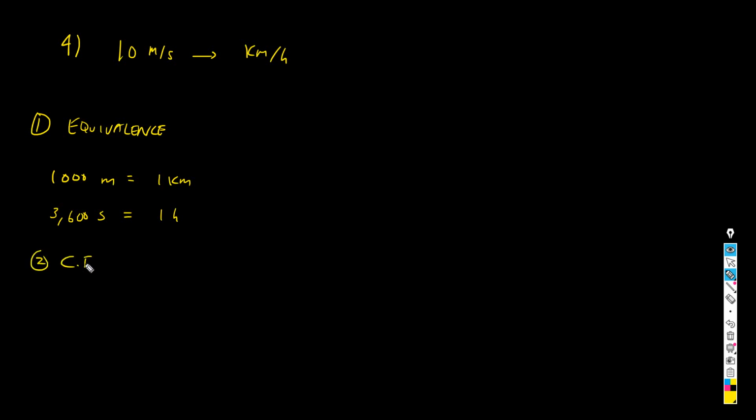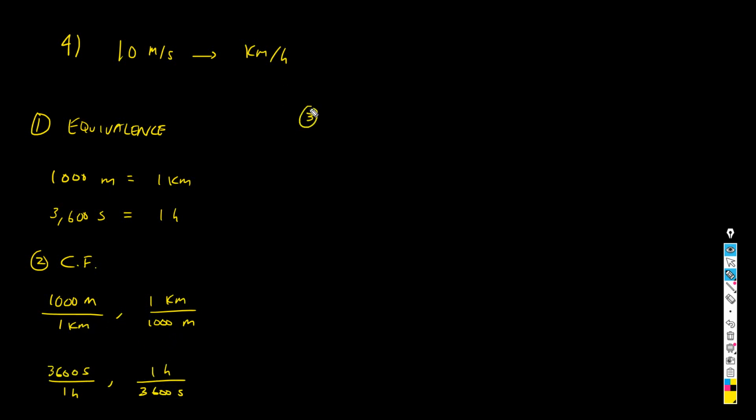Second step, the conversion factors. First, create the two conversion factors with this equivalence. And then the two conversion factors with this other equivalence, which is going to be this. There you go. So we end up with 4 conversion factors.